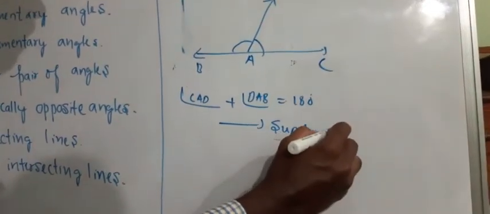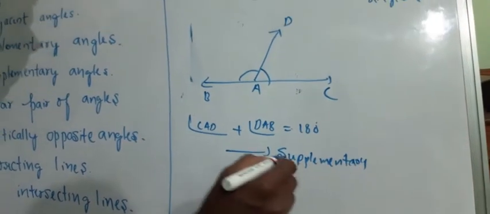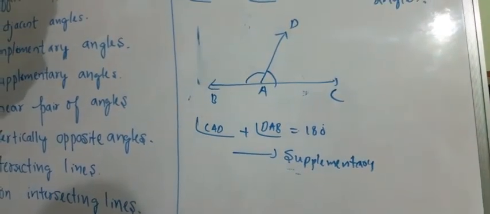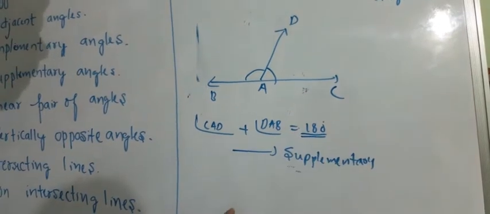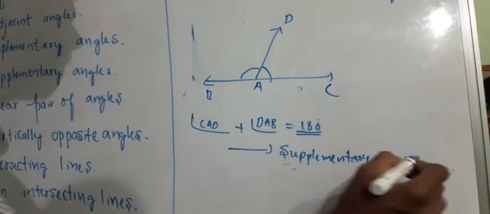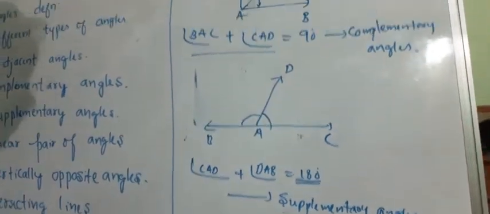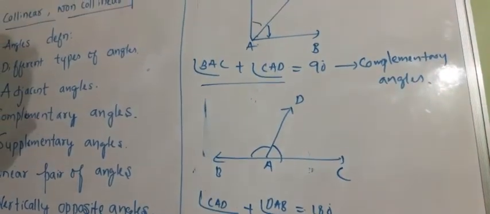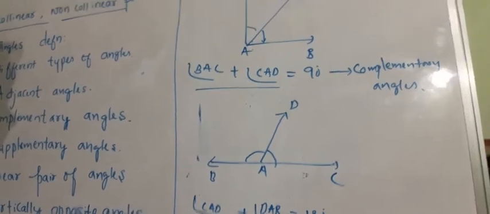The sum of two adjacent angles should be equal to 180 degrees, then we call them supplementary angles. Whereas if the sum of two adjacent angles is equal to 90 degrees, we call them complementary angles. Okay, next.